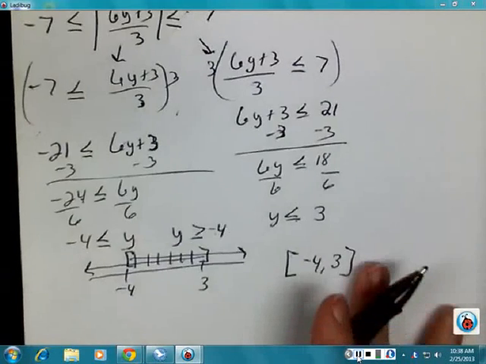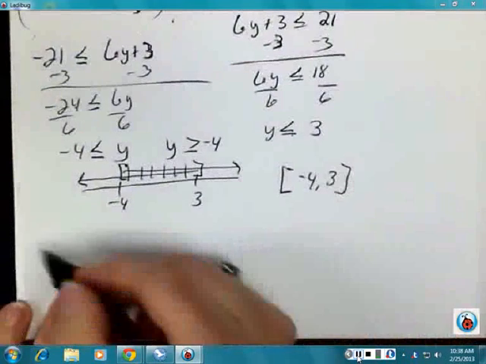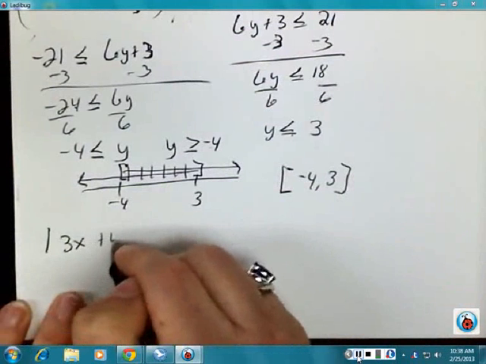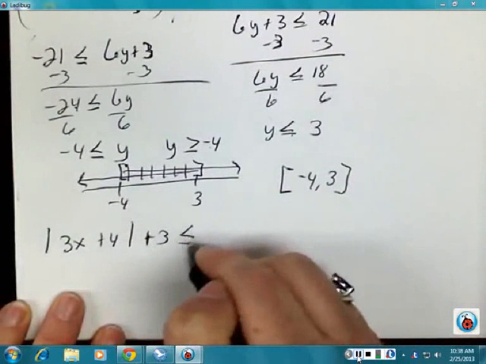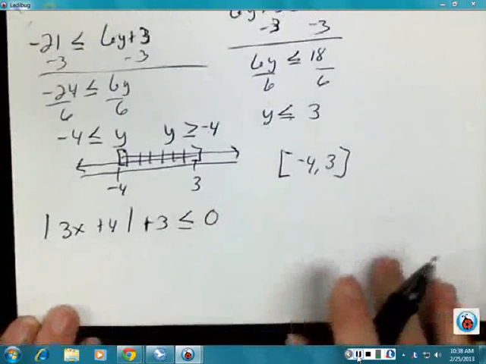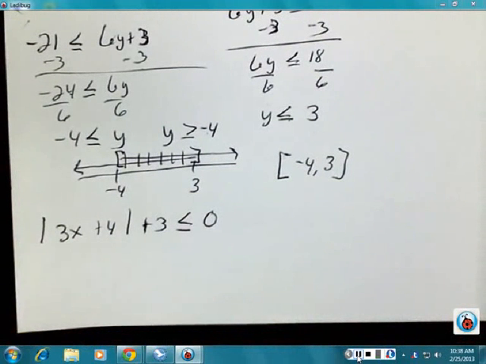Okay, how about this one? Absolute value of 3x plus 4, plus 3 is less than or equal to 0. So what's going to happen?